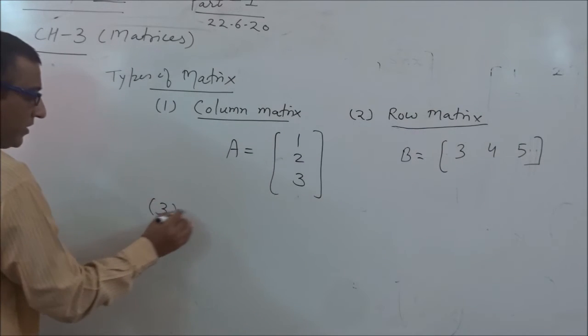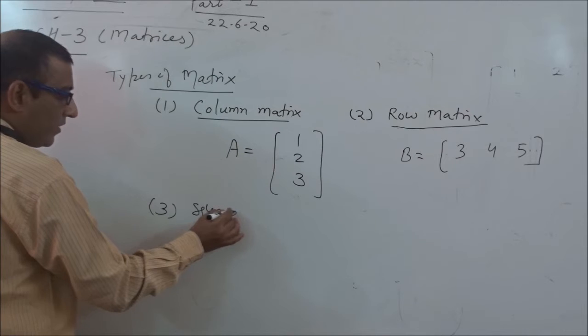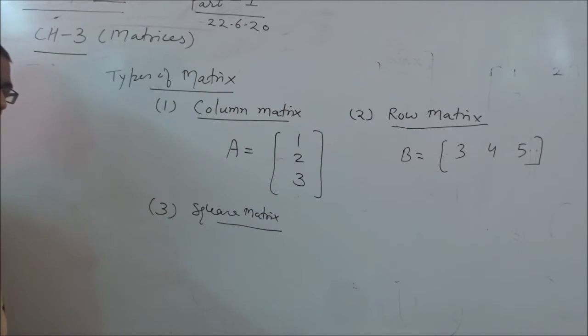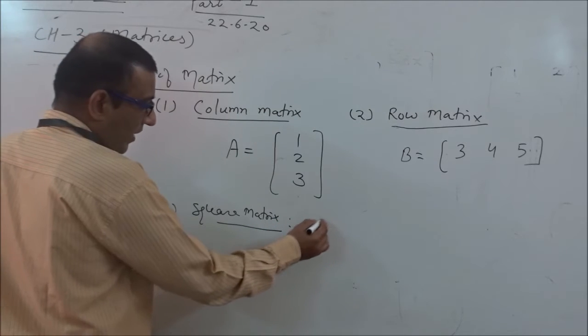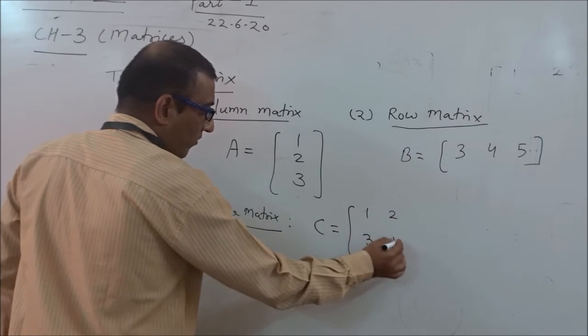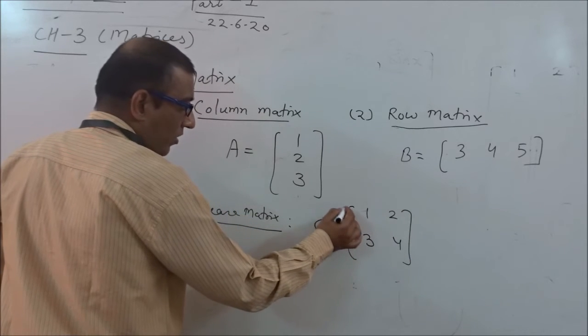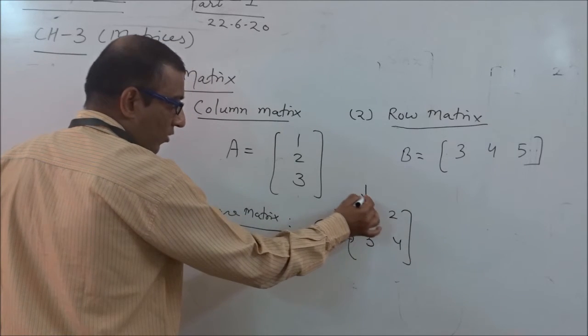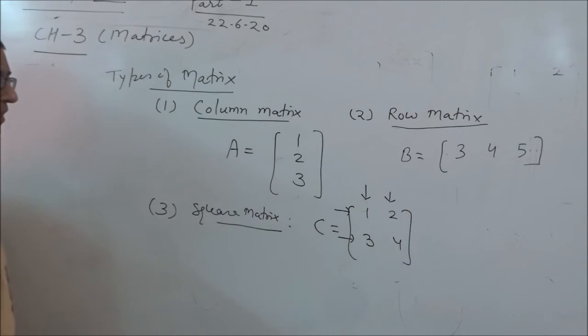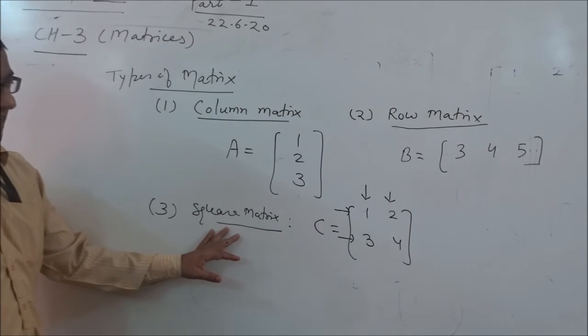Third matrix is square matrix. If you see the name of this matrix, it is related with square. For example, if you are taking C as 1, 2, 3, 4, so 2 rows are here and 2 columns are here. If rows and columns both are equal, then we can say such type of matrix is known as square matrix.